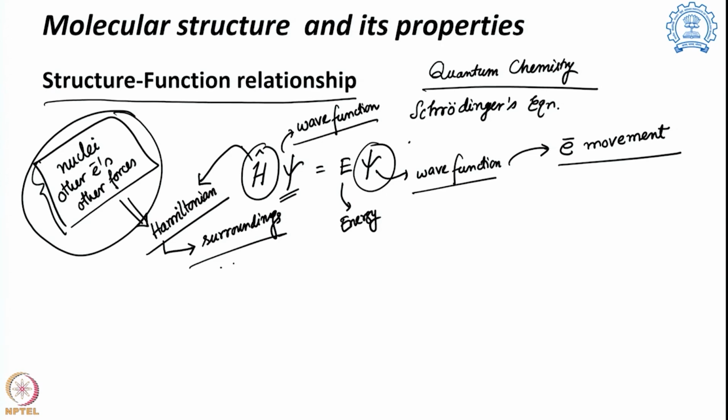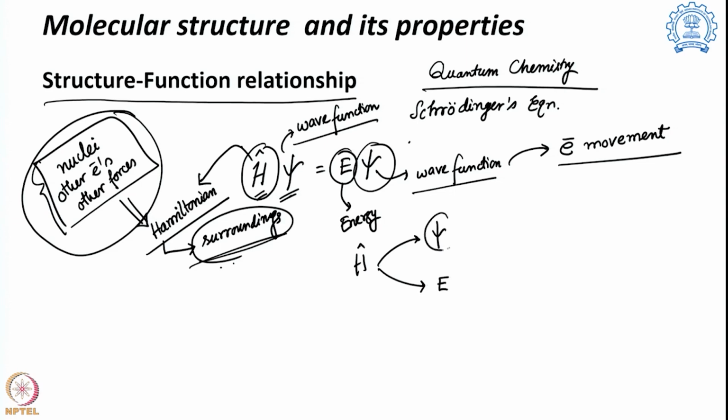Now with this you can see that this surrounding has a lot to say, because if I change the Hamiltonian, it affects its energy directly. It also controls how the psi would look. So the Hamiltonian has a direct role to play on the psi and a direct role to play on the energy.